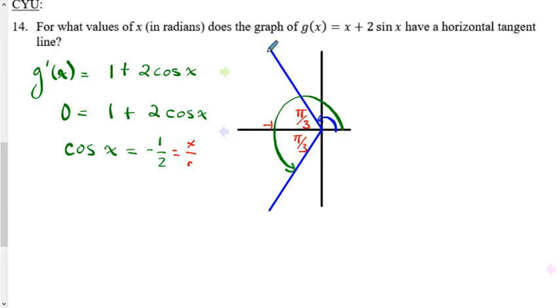And for this triangle, negative 1 is this horizontal side length, well, length in the negative direction. And if you use the special triangles, the r value is 2. So those are 2's. And we look and figure out, oh, the reference angle must be pi by 3.